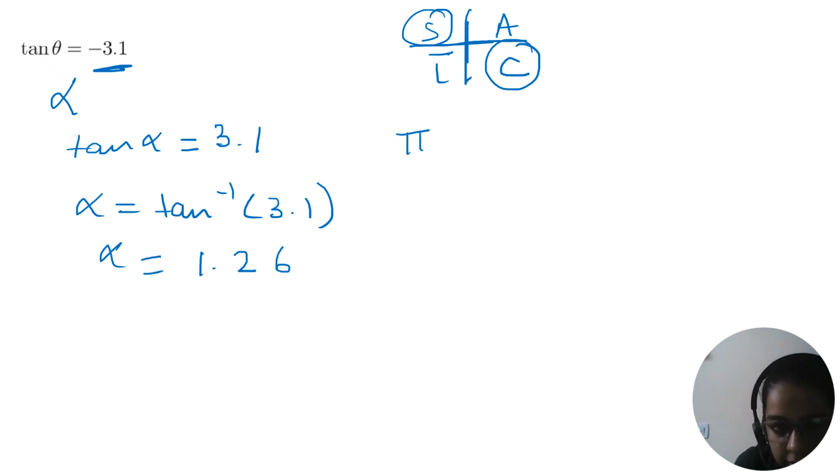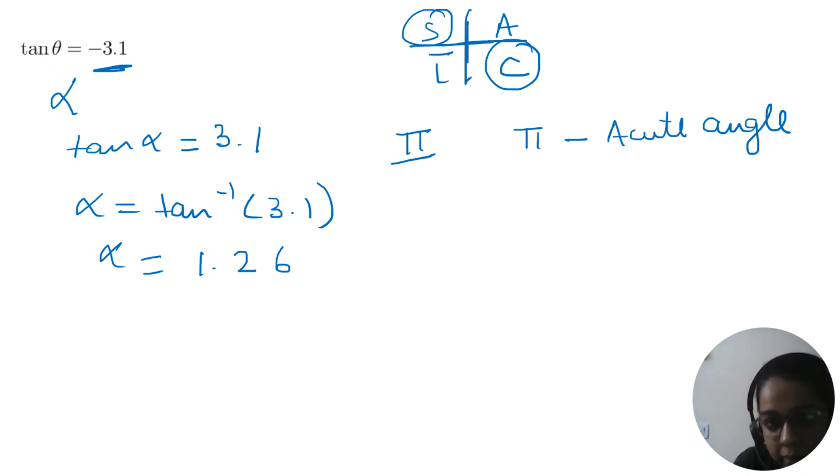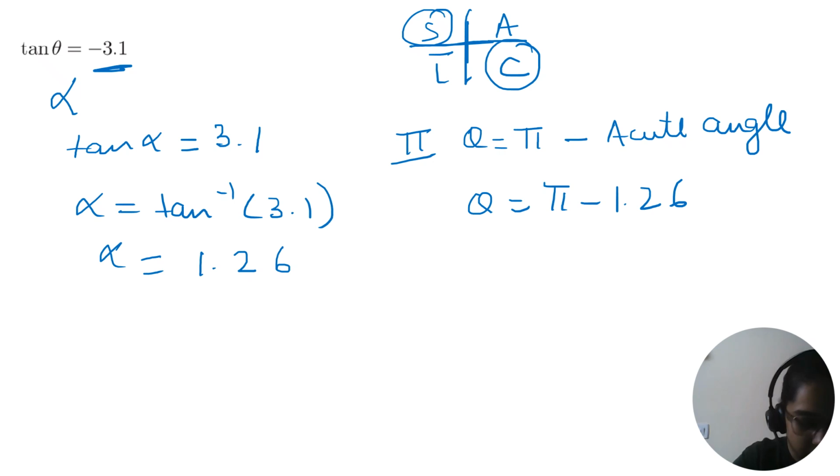So my value in the second quadrant is given as pi minus the acute angle. So theta is pi minus 1.26. When I put this in the calculator, I get 1.88.